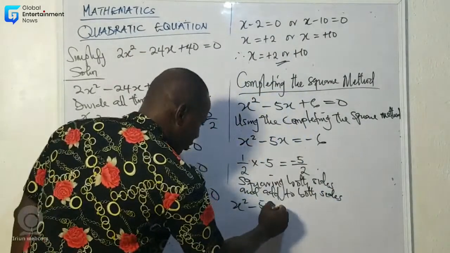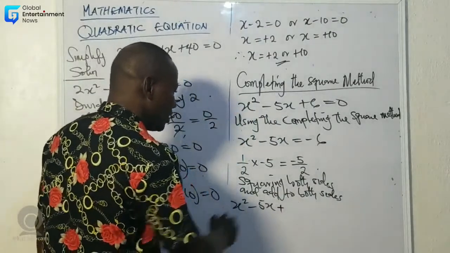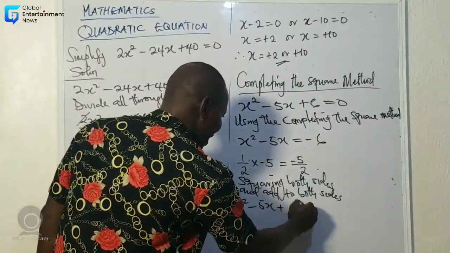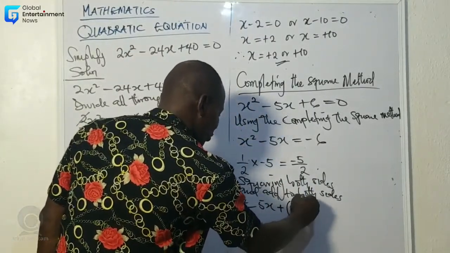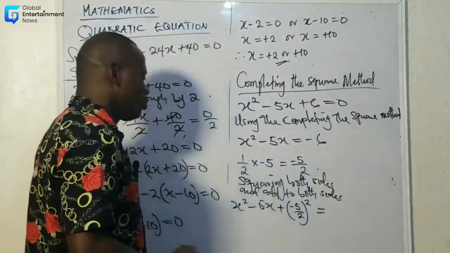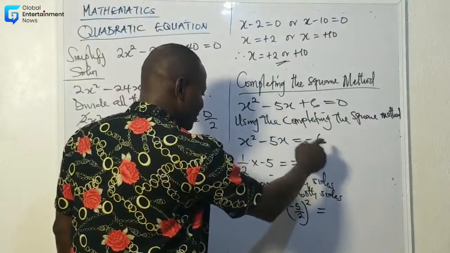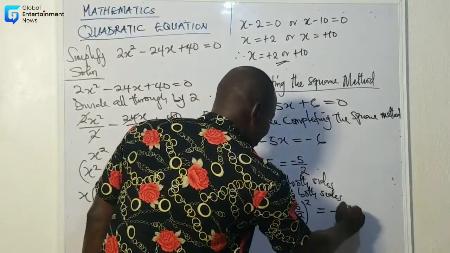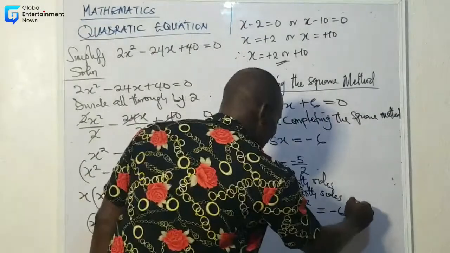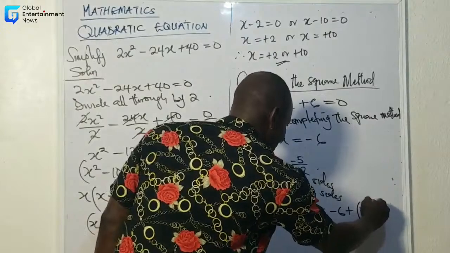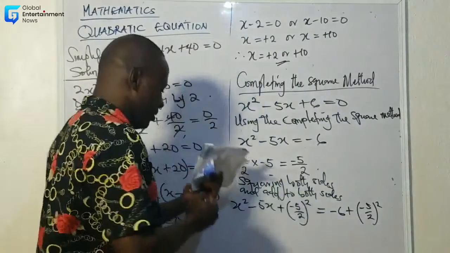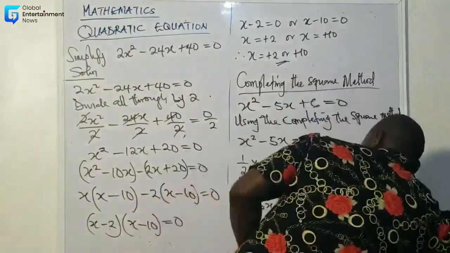So it's going to be plus minus 5 all over 2 all squared, is equal to, now what is the second one? Minus 6 plus minus 5 all over 2 all squared. Now let me clean this please.